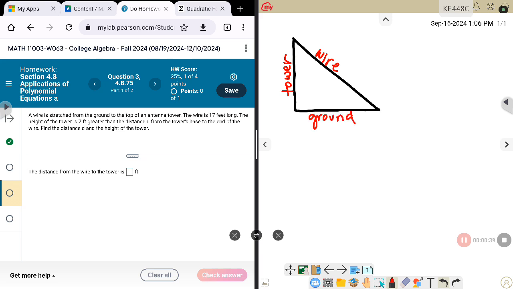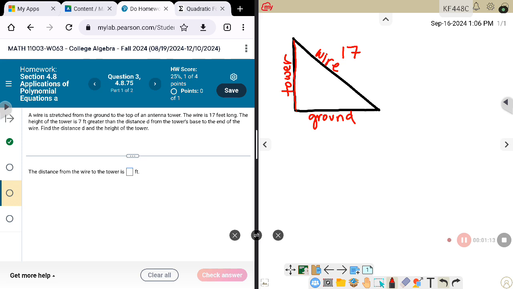Now, let's read the next statements and see if we can put what each one of these sides are going to be represented by. It says the wire is 17 feet long. So I know that this side is going to be 17. The height of the tower, so we are talking about this distance right here. The height of the tower is 7 feet greater than the distance from the tower's base to the end of the wire.